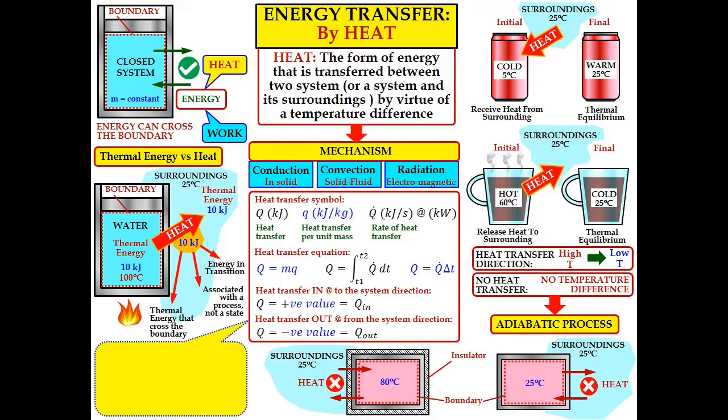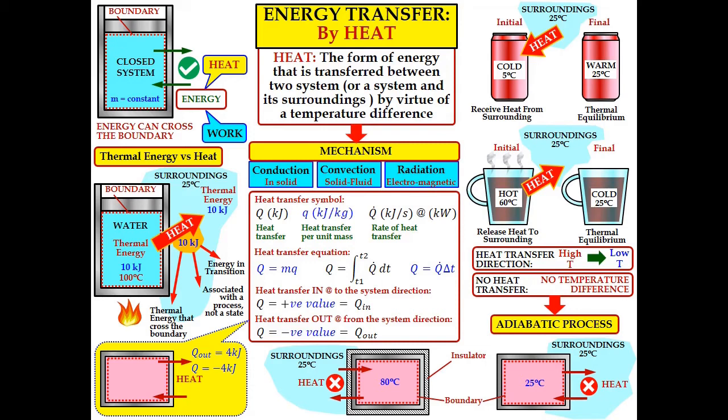Okay, for example, we have a rigid tank. Inside the rigid tank we have hot fluid or hot gas. So we have heat transfer in and heat transfer out. For example, we have heat transfer out, and the amount of heat transfer is 4 kilojoule. Okay, heat transfer out from the system. So we can write down the heat transfer value as Q out equal to 4 kilojoule, or Q equal to negative 4 kilojoule.